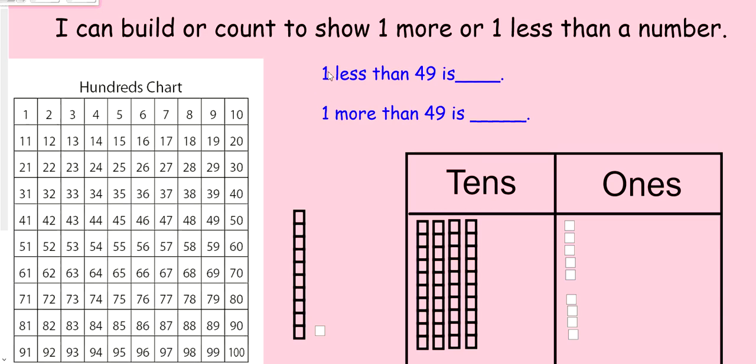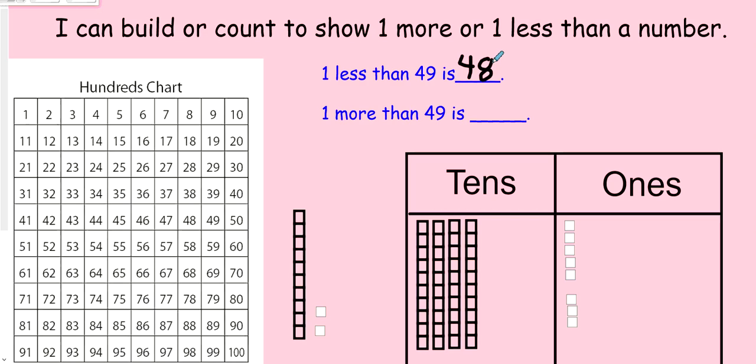Now we want to show one less. What would we do to show one less? Take 1 off of the chart. 1 less than 49 is 4 tens, 8 ones. 4 tens, 8 ones is 48.